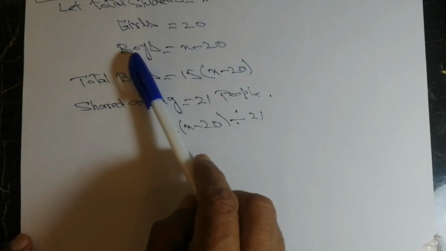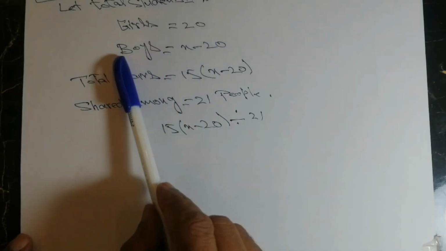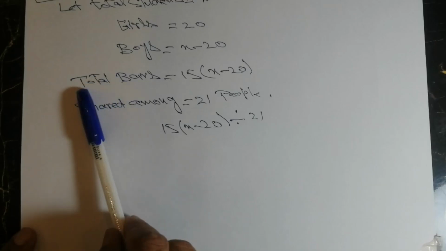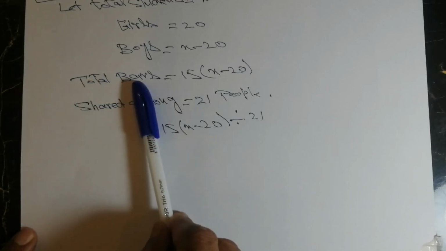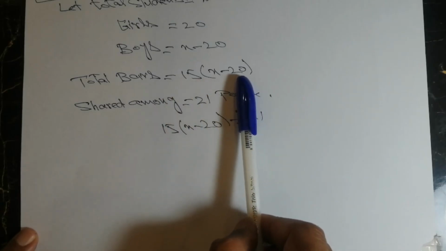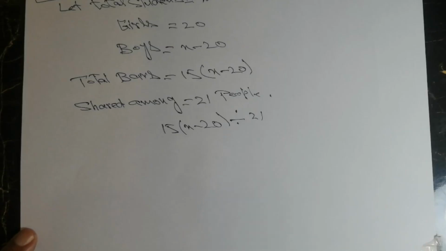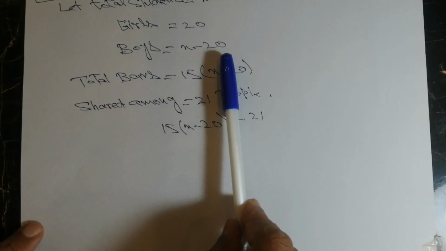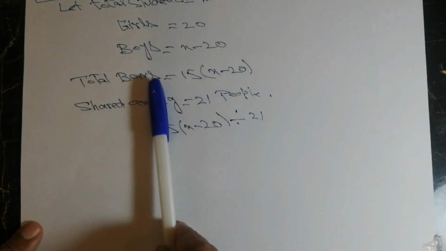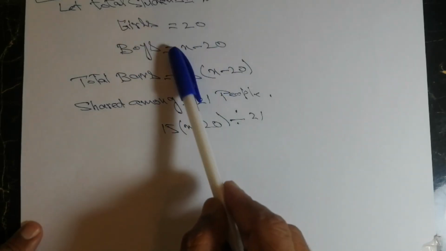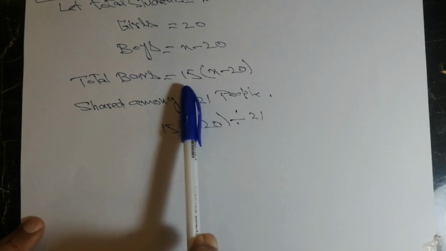Let the total students equal x. So among them there are 20 girls. So it means the number of boys will be x minus 20. And total bars equal 15 into x minus 20, because the number of boys is x minus 20, and each boy brought 15 bars, so total bars is number of boys into 15.